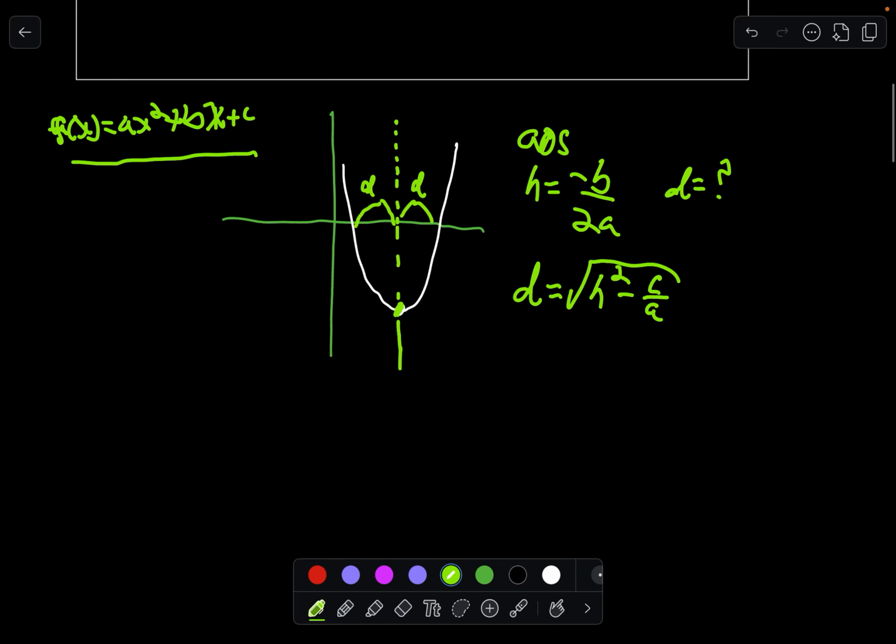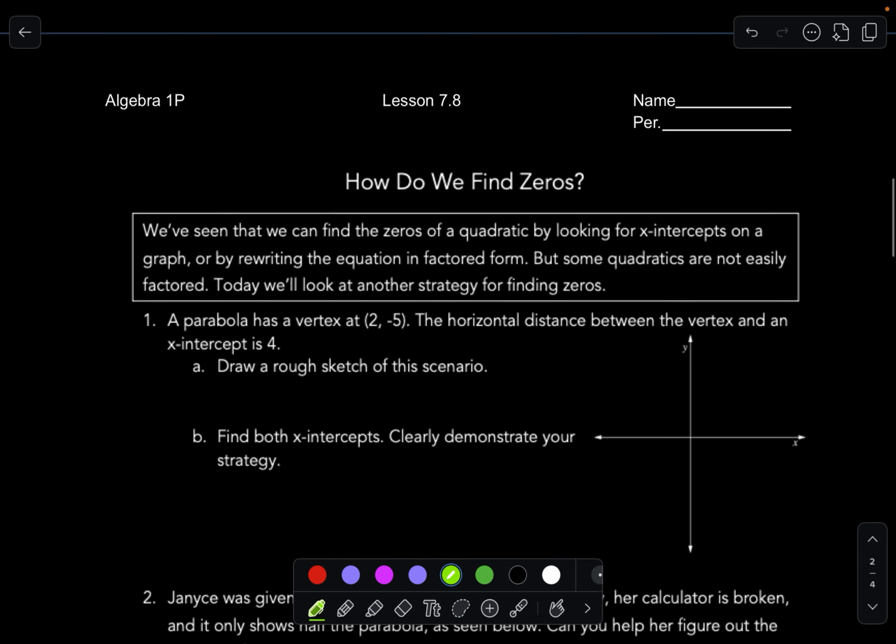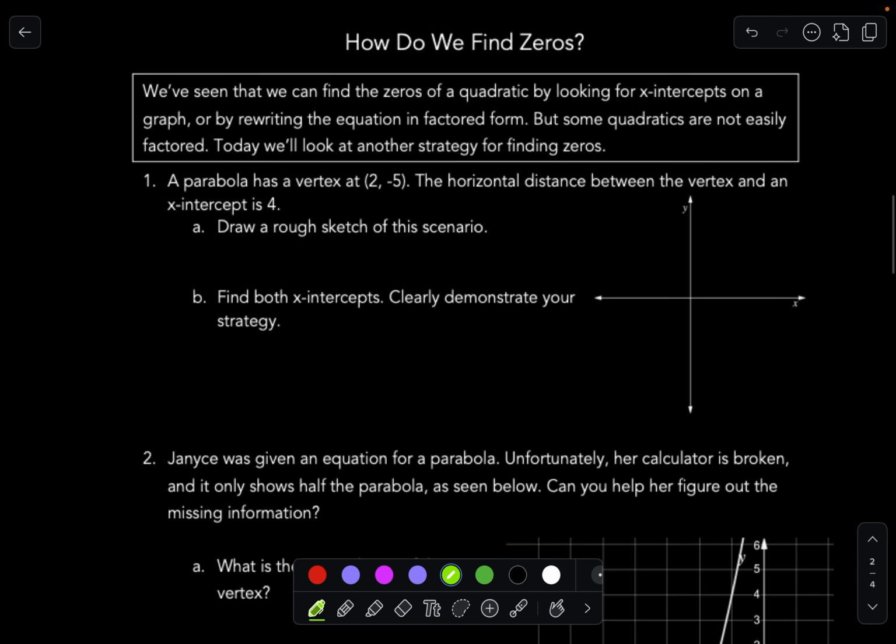Okay, so scrolling down, here we go. A parabola has a vertex at (2, -5), so 1, 2, and 1, 2, 3, 4, 5. We're right there. And the horizontal distance between the vertex and an x-intercept is 4.